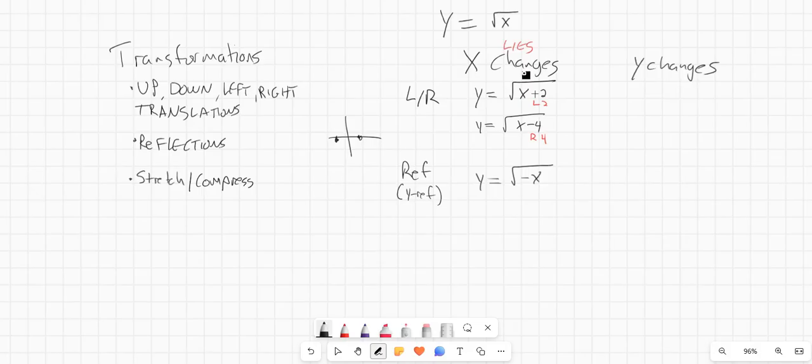And then we have the stretch and compress. But notice all of this stuff happens inside the function next to the x. It's very easy to spot that these are x changes. Change the x to negative x, that's a y reflection. Change the x to 2x, change the x to x minus 3, change the x to an x plus 2, etc. These are all x changes, and they all lie.